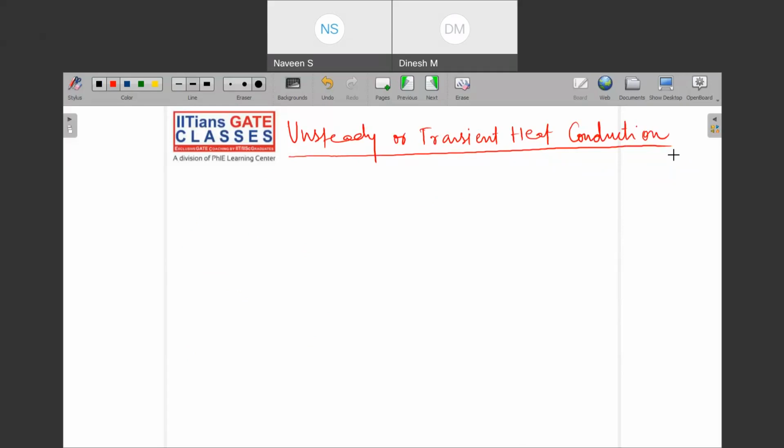Your heat conduction is there, but your body is changing temperature continuously. Then in that case, your heat transfer is no more steady, but it has been converted into an unsteady one. So in order to work under those conditions, we will have to derive the generalized unsteady heat conduction. And second most important thing is how to find out the temperature changes.